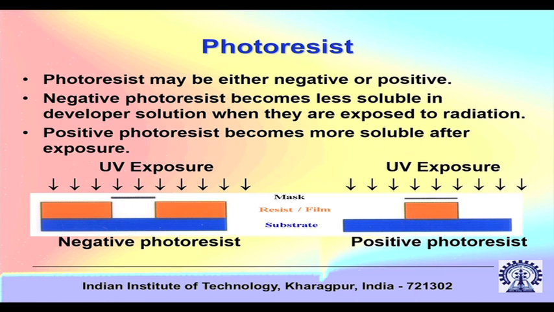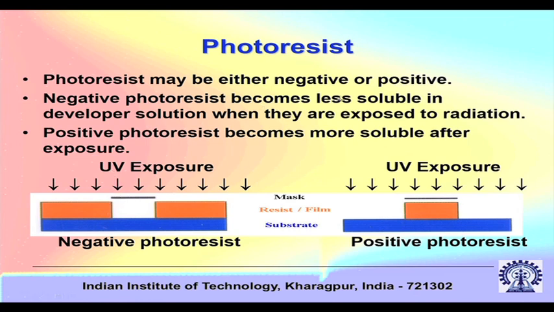The photoresist may be either positive or negative. Negative photoresist becomes less soluble in the developer solution when exposed to radiation. So when it is exposed, it is less soluble in the developer solution, and it remains.